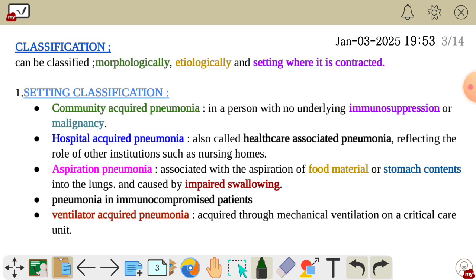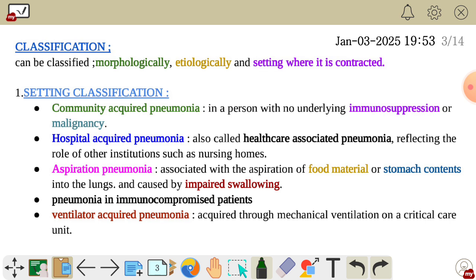Apart from that, we have another class which is hospital-acquired pneumonia. This one is also called healthcare-associated pneumonia. Mostly this one is acquired in the hospital, or it can be in nursing homes or other institutions where patients are taken care of. So that will be called hospital-acquired pneumonia.